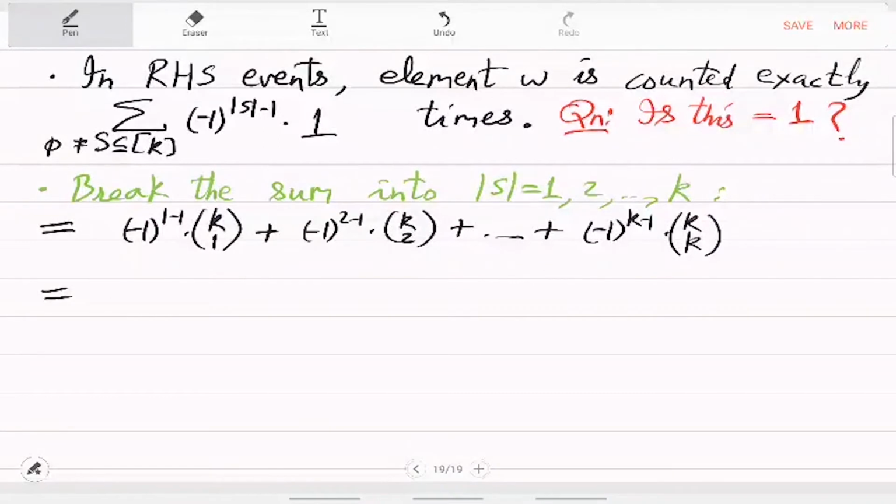This expression is exactly 1 minus (1-1)^K. By the binomial expansion of (1-1)^K, you will get a similar expression, which gives 1. So omega has been counted exactly once in the RHS, hence the formula is correct.